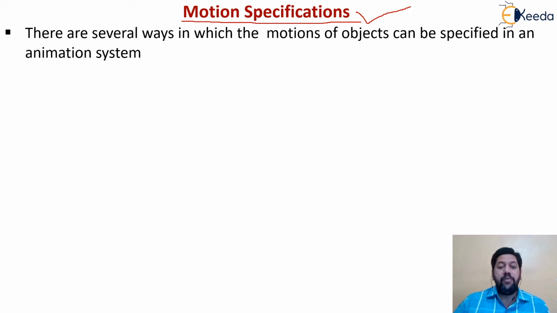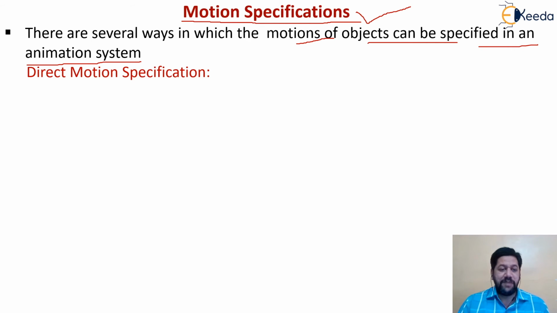See, there are several ways in which the motion of objects can be specified in an animation system. So which are these several ways, these methods to specify the motion of the object?